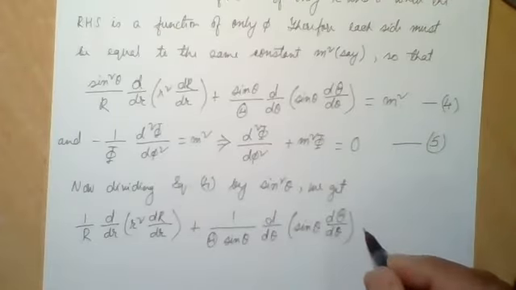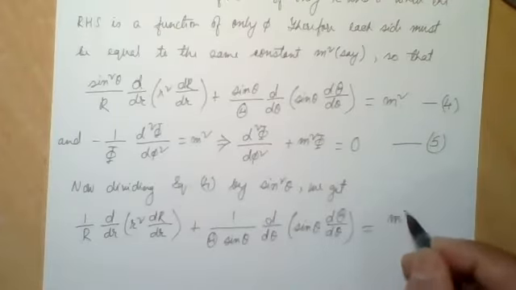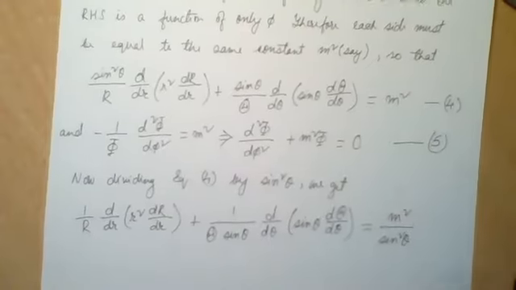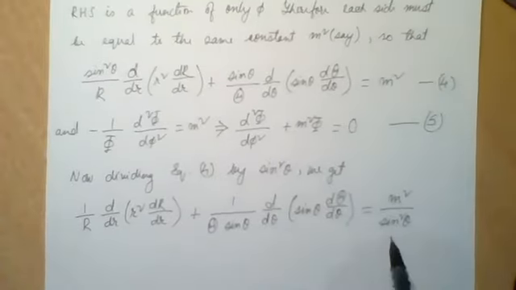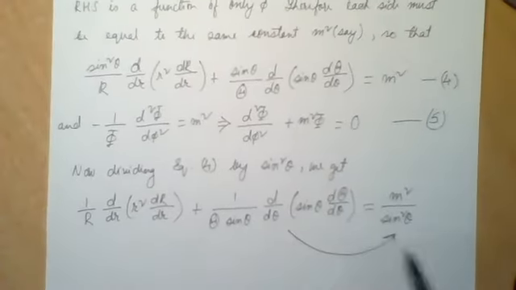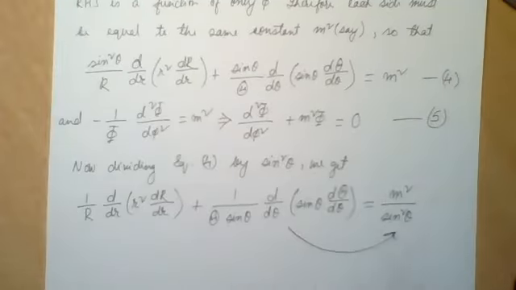This is equal to m square by sine square theta. Okay, I can group these two terms together, so let us bring this term towards the right hand side.